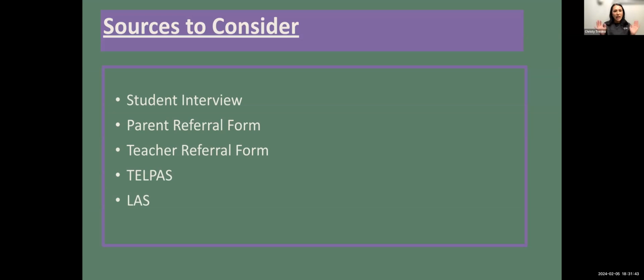Other information to consider is the parent referral form. I always want to say it's a 50-50 toss up. Parents can report that the student's first language was English and English is spoken in the home, but then you get the parent referral information they completed two weeks before, and the student's first language was Spanish.